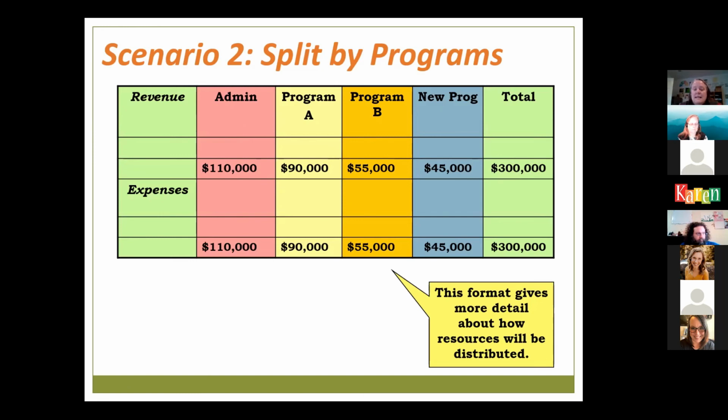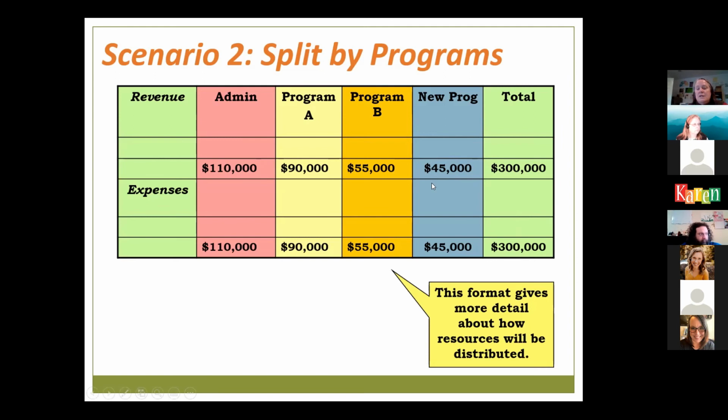Now, remember when I said that we get to decide how we model our budgets, what the resource picture looks like? Well, we can add in kind to change that, but we can also adjust the way that we think of our administrative costs. So how much is our new program going to cost us? Well, in this view, our new program is going to cost $45,000.